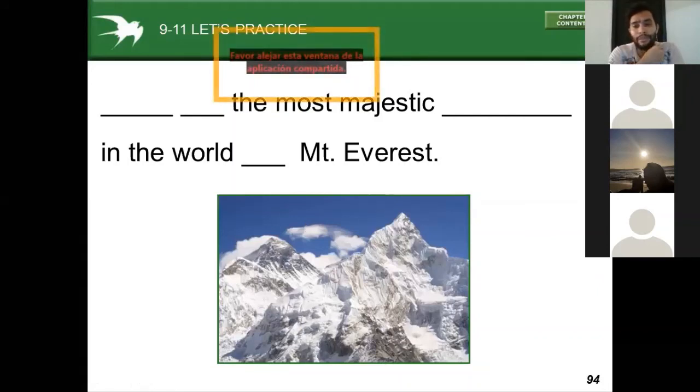How would you say it? One of the most majestic mountains in the world. Very good, miss. One of the most majestic mountains in the world is Mount Everest. Very good, right?